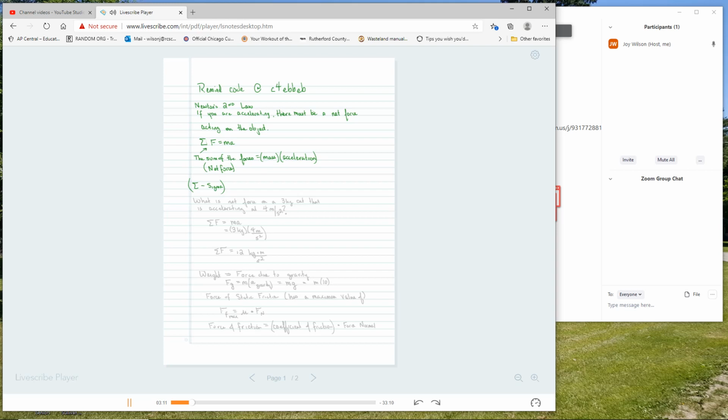So mass times acceleration. And so when we have unbalanced forces, our object is going to accelerate. If I push harder in one direction than I push in the other, I've got an unbalanced force, so we're going to accelerate. So when we do that, we're going to add a little bit of math here to start with.